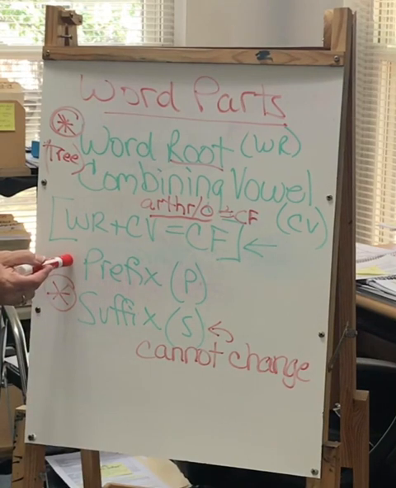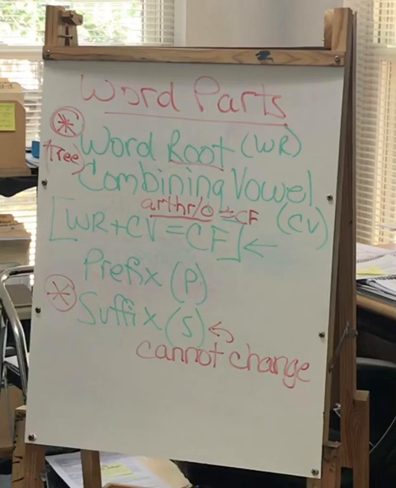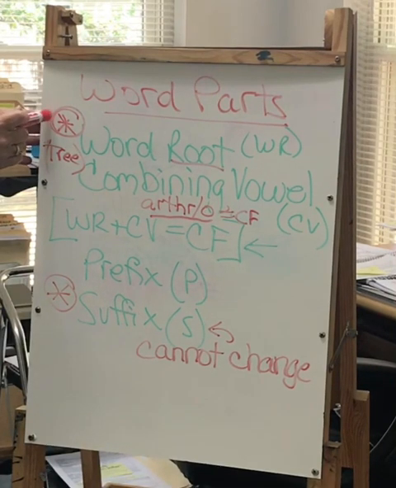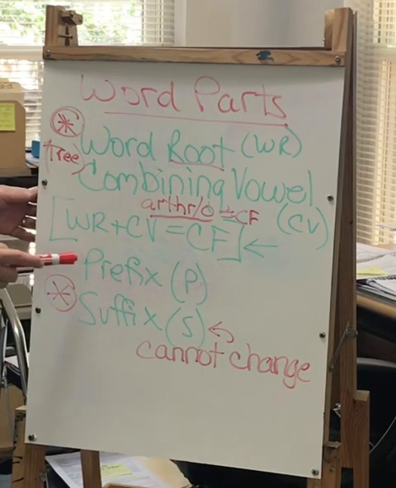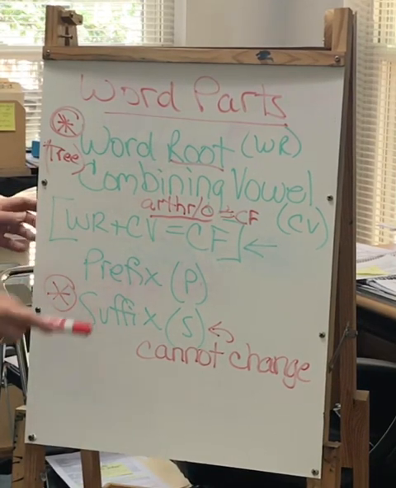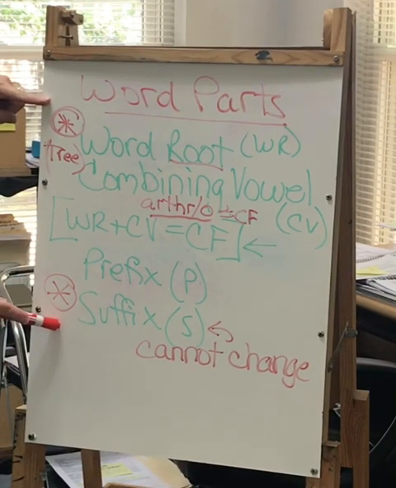The third word part is a prefix. Label it with a P, and it comes always at the beginning of a word. It may not be there. Every word doesn't have to have a prefix. It has to have a word root. It does not have to have a combining vowel. It does not have to have a prefix. It must have a suffix though. So you're always going to have a word root and you're always going to have a suffix.